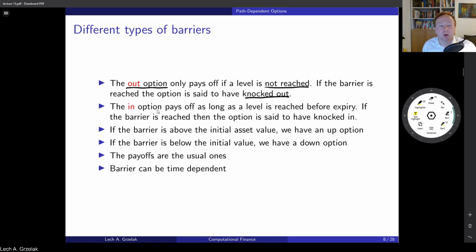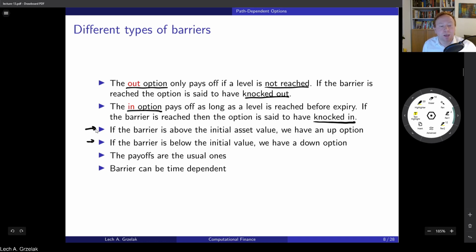And the opposite holds for the in option. So if the level is reached before the expiry, we call it an in option. And then if the barrier is reached indeed, then we have a knock-in. So knock-in corresponds to an in option: hit the level, then we have a knock-in. We also have two variants.